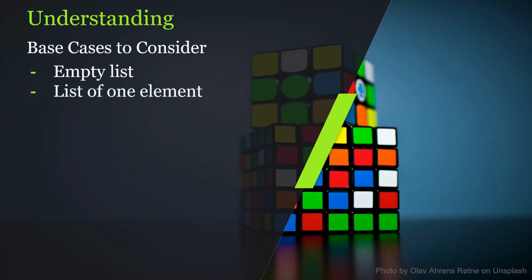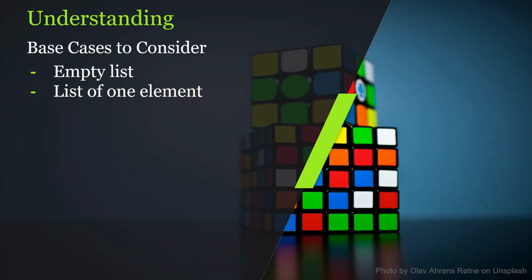So the empty list and the list with 1 element are very similar to each other in the sense that there is no way that a pair can sum to any value because there is no pair, right? So we know that for both the empty list and the list of 1 element, we're always going to return false because there is no pair that sums to the value that we're looking for. So we need to make sure whatever algorithm we create will satisfy those.